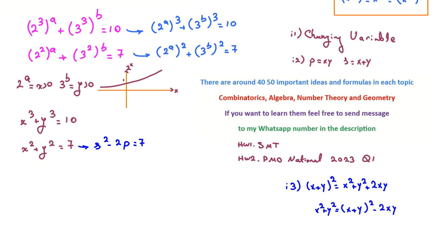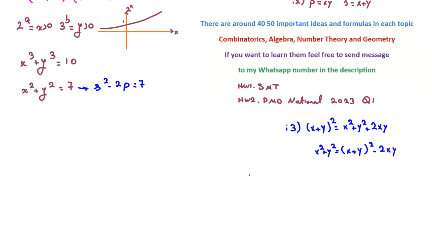Now for the first one, x cubed plus y cubed, identity 4: x cubed plus y cubed equals (x plus y) times (x squared minus xy plus y squared). x plus y is s, x squared plus y squared is s squared minus 2p, minus xy, minus p, equals 10.